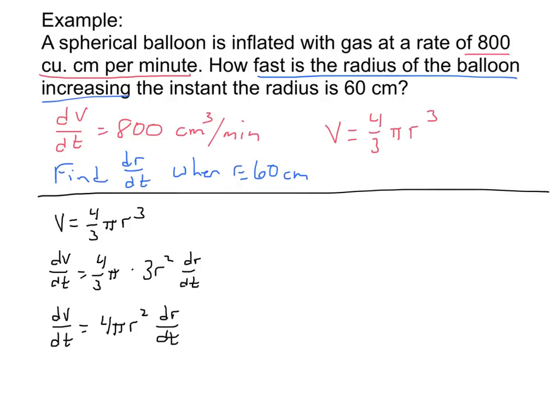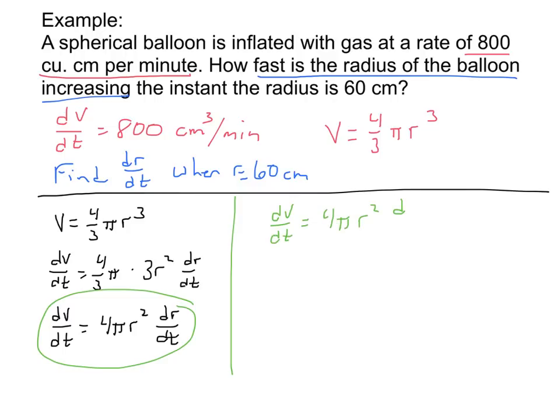So what I know right now is this equation right here. I've taken my derivative. I know that dV/dt is 4 pi r squared times dr/dt.